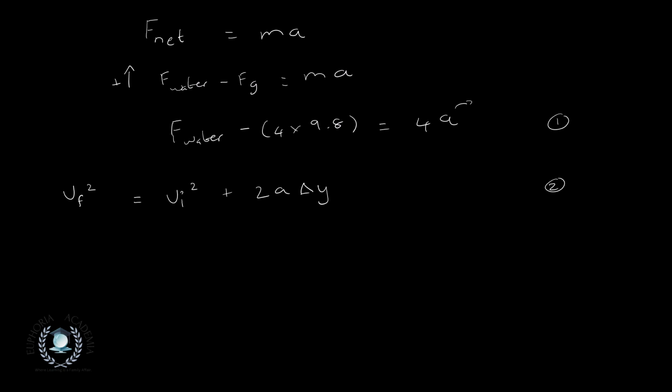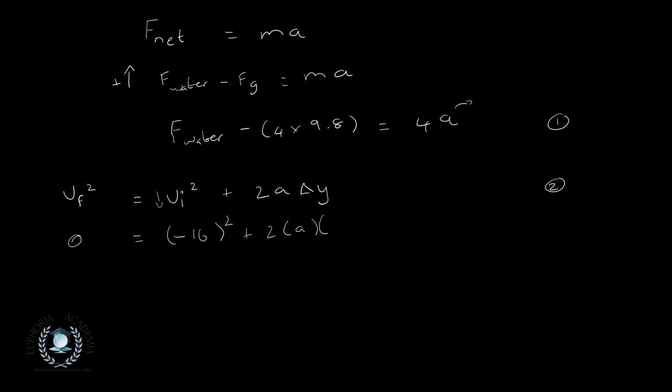Our final Vf as it's sinking is 0, and our Vi is going to be minus 16, because we took upward as positive, and this Vi is pointing downwards. So we're going to square that plus 2 times our acceleration, which we're trying to find.